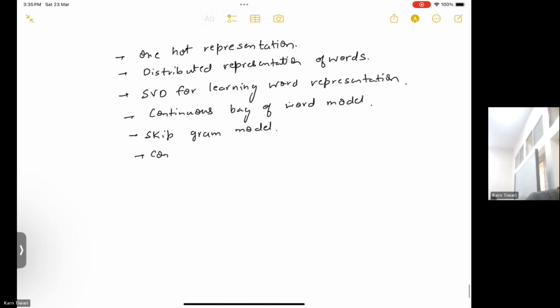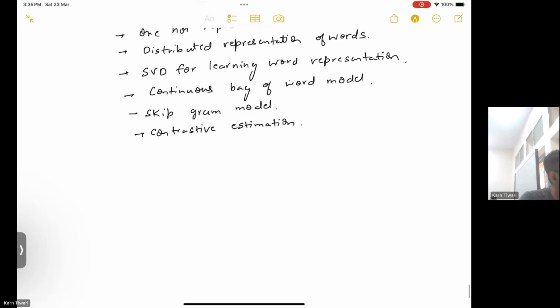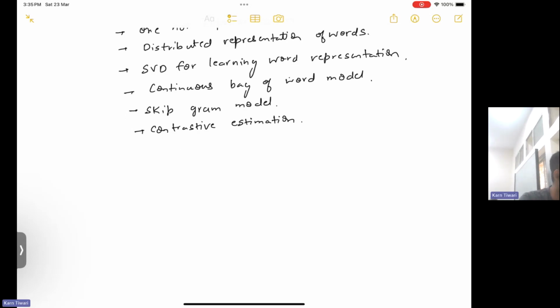Then hierarchical softmax. Then lastly, the GloVe representation, which was commonly used in 2015 for processing natural language.